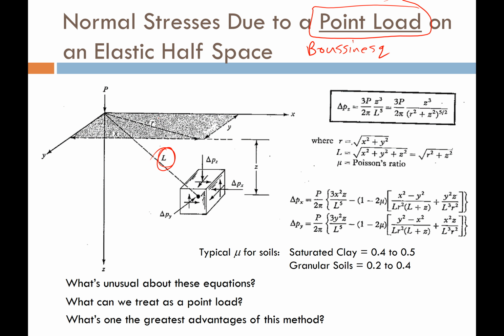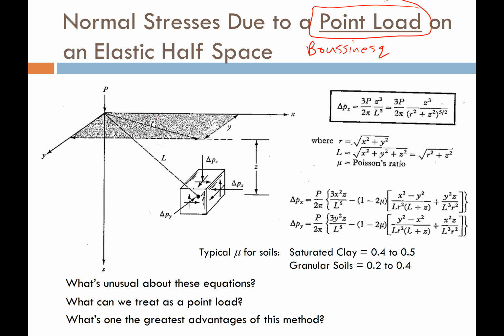L is like the hypocentral distance, which is just a straight line from the ground surface down to the center of your soil element. And you'll notice Z is the depth from the ground surface down to your soil element of interest. Look at this equation and see if anything seems strange to you.